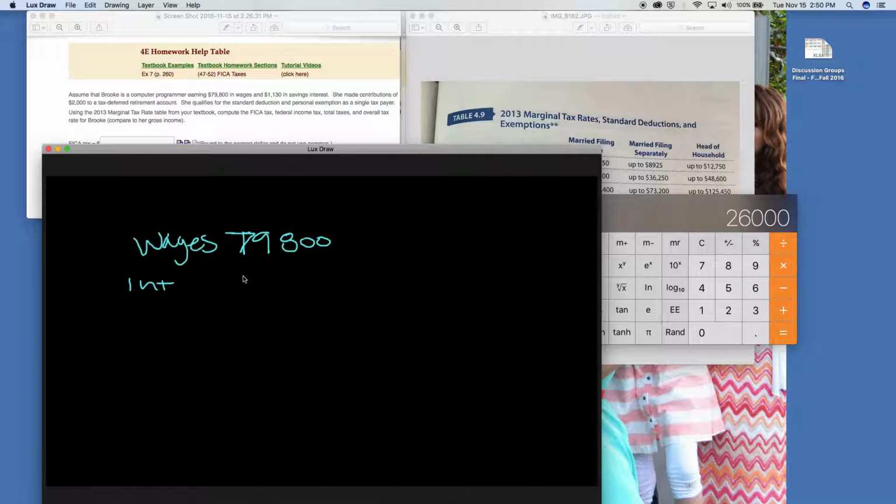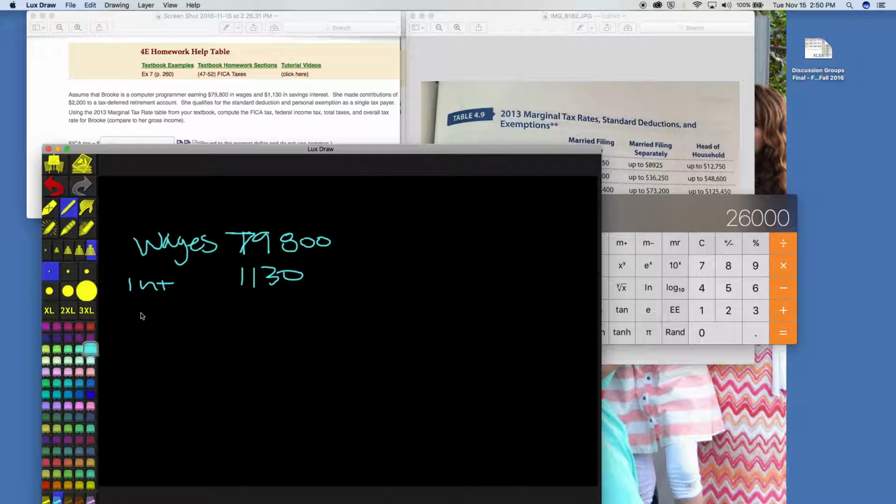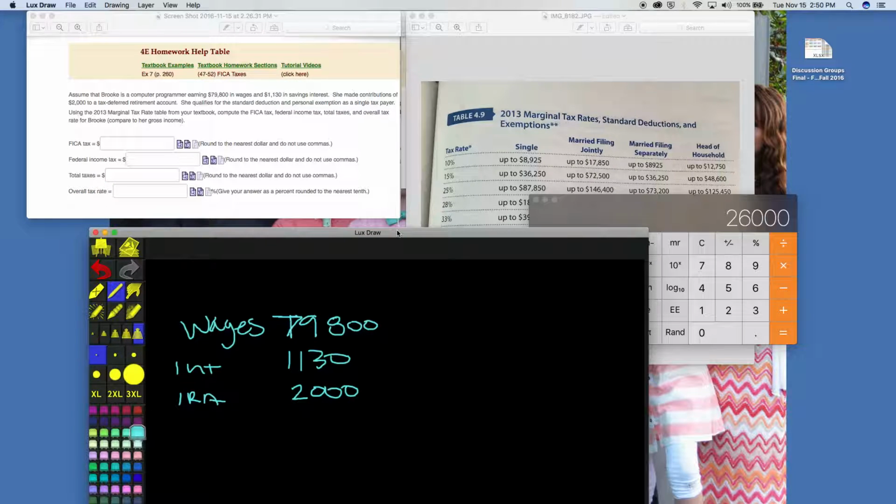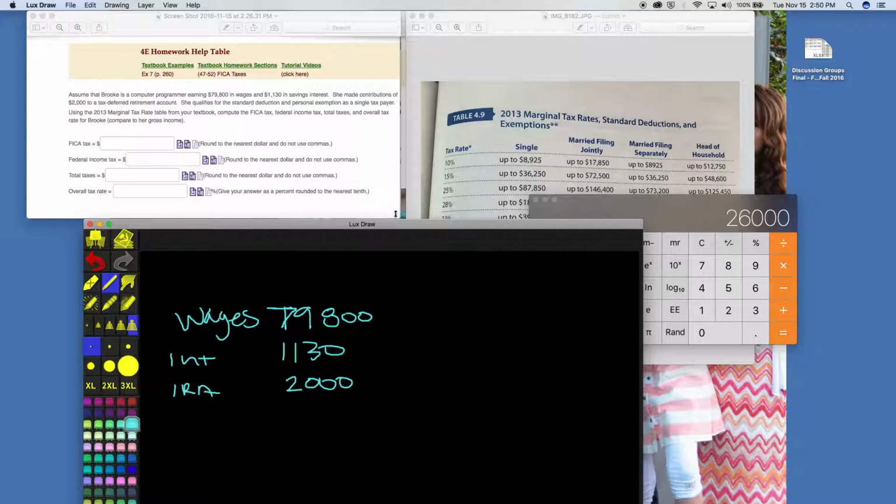Interest is $1,130, and she had a retirement account that she spent $2,000 on. It says she has the standard deduction and personal exemption as a single taxpayer. This one wants to know what the FICA is, what her federal income tax is, what her total taxes are, and her overall tax rate.